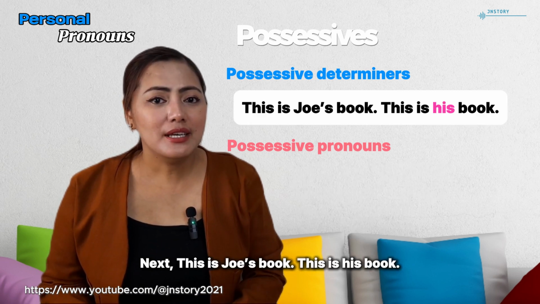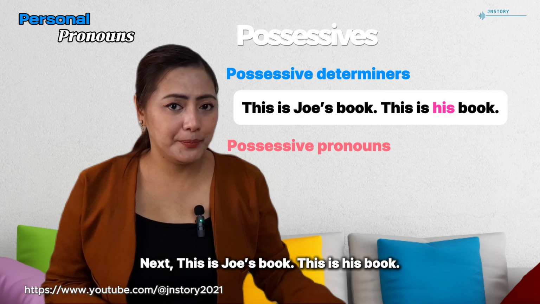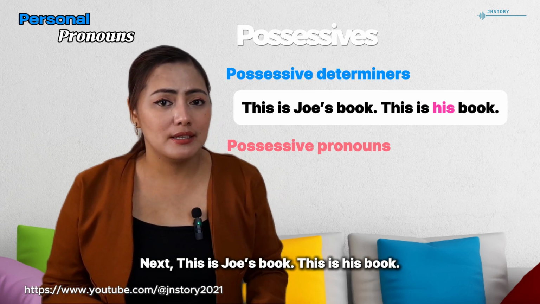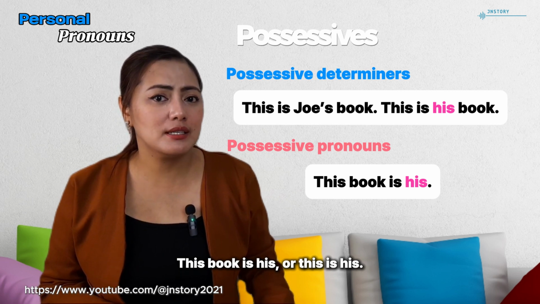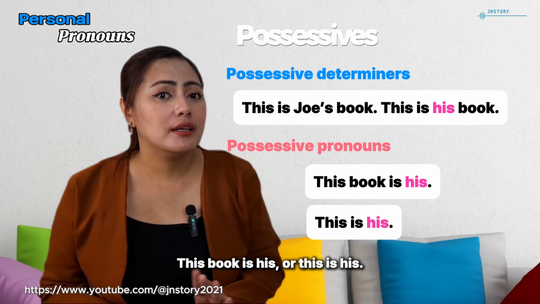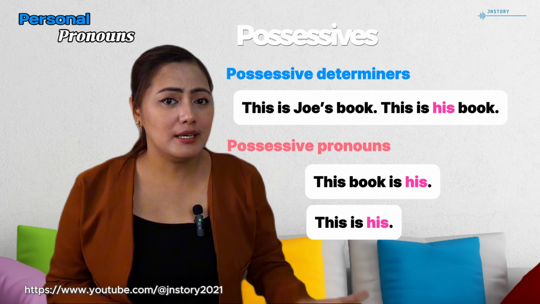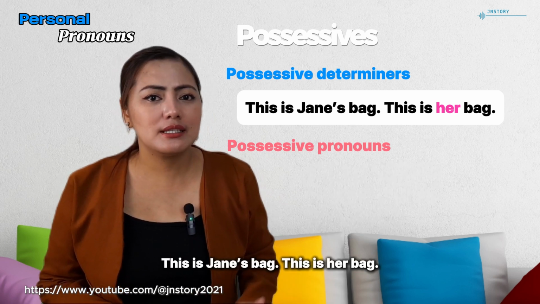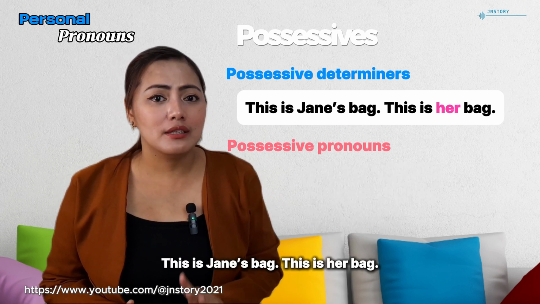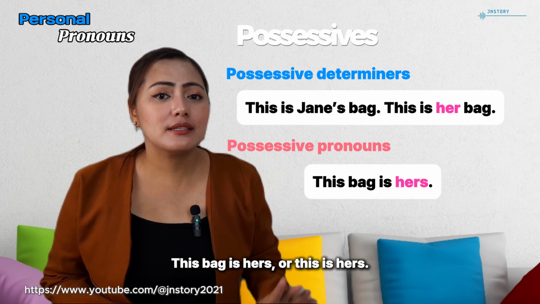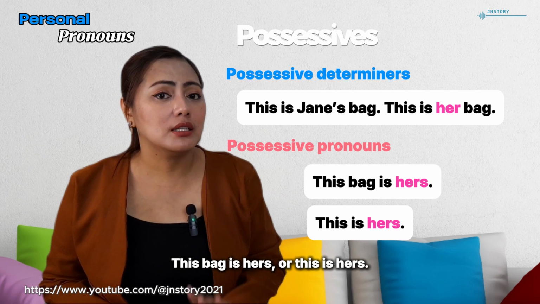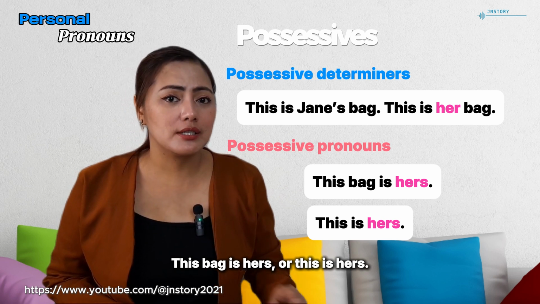Next, "This is Joe's book." "This is his book." "This book is his," or "This is his." "This is Jane's bag." "This is her bag." "This bag is hers," or "This is hers."